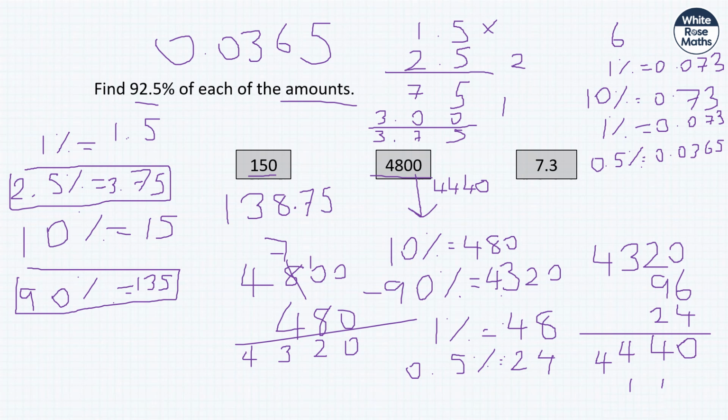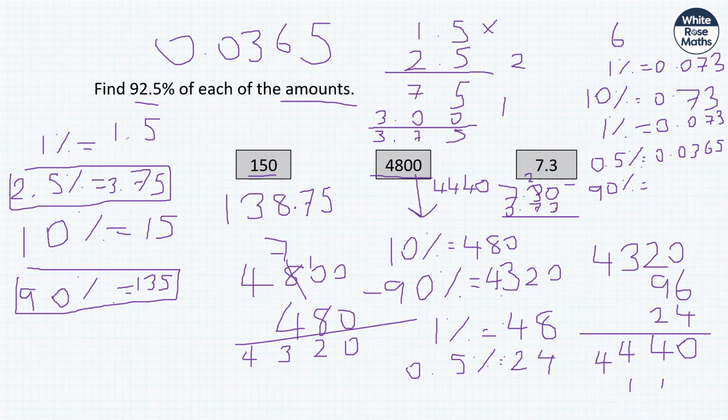Now I've got to work out 90%. So 90%, we're near there, is going to be 9 lots of this, or take off 0.73 from that. So if I take off 0.73, I'm going to be very careful here when I do this, guys.